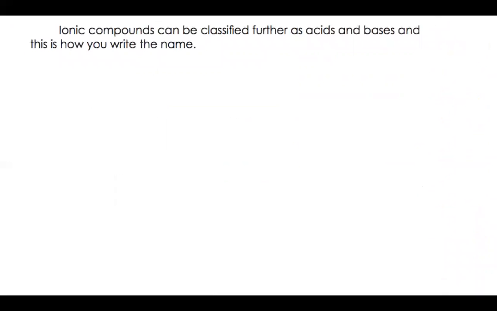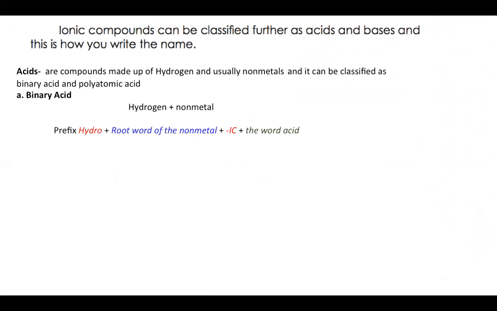Next, ionic compounds can be classified further as acids and bases, and this is how you write the name. Acids are compounds made up of hydrogen and usually non-metals. And it can be classified as binary acid and polyatomic acid. So may dalawang uri ng acid daw. Binary and polyatomic.